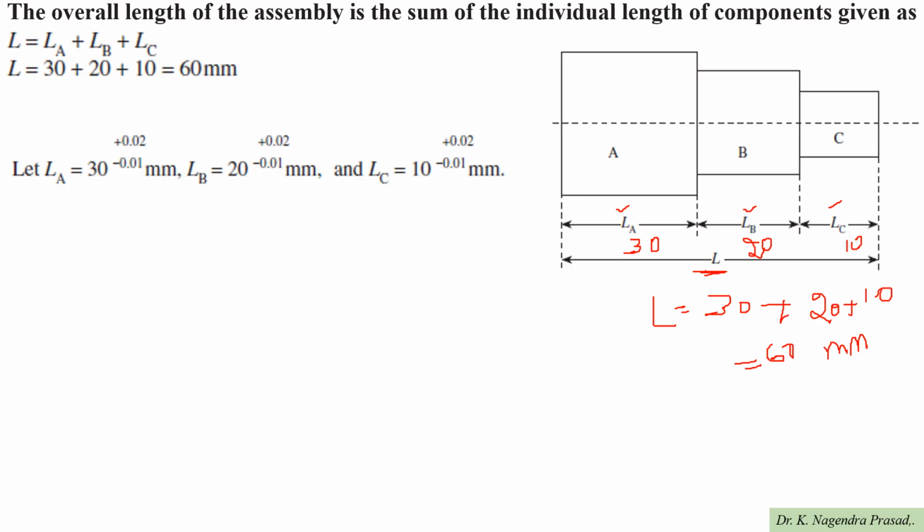For the first individual length, the tolerance zone is 30 plus 0.02 minus 0.01. Similarly, for the second component the tolerance zone is 20 plus 0.02 minus 0.01, and for the third component the tolerance zone is 10 plus 0.02 minus 0.01.